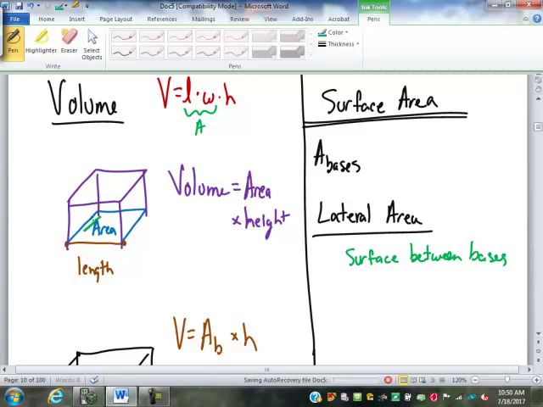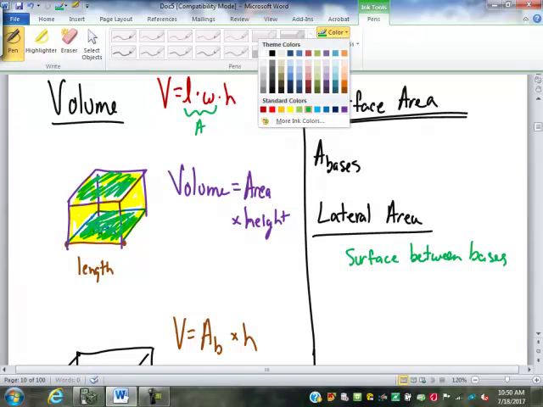So like over here, if we chose this to be the base, that bottom's the base. The top is also a base, right? That's why I said area of the bases. You're going to have to double the area of the base. The lateral area are the surfaces that connect them. So that's this rectangle up front, this end here, the back one, and then the other end here. There's actually 4 rectangles in a box that make up the lateral area.